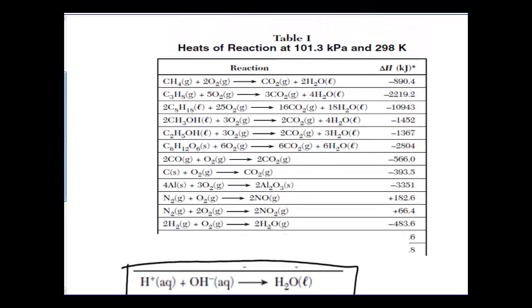Okay, so if they give you a reaction and they want to know if it's endo or exo, you're going to use table I. This tells us if a reaction is endo or exo. Okay, because it gives us the delta H values.